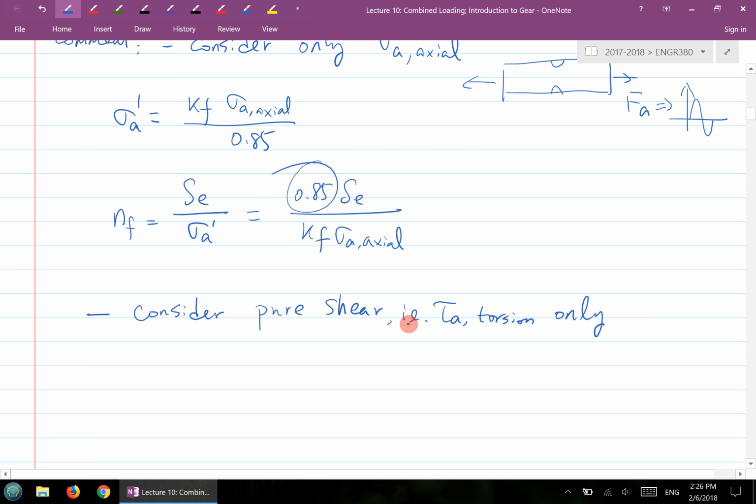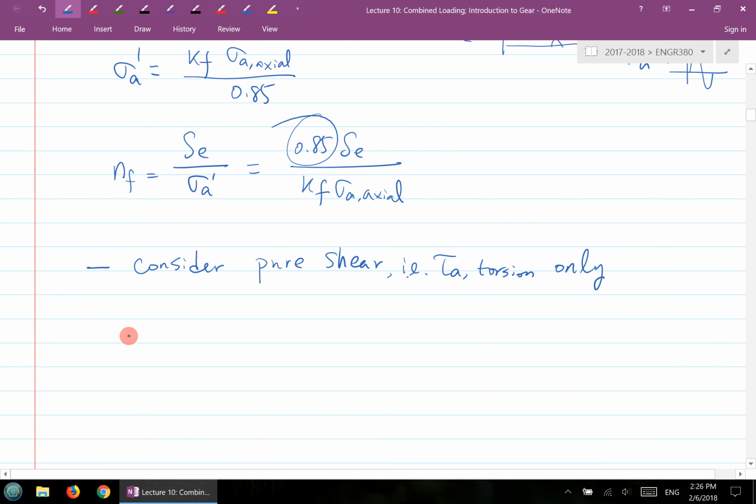So if there's only tau A torsion in here, that sigma A prime, if you look at the formula, becomes √3 times Kf torsion times tau A torsion, right?